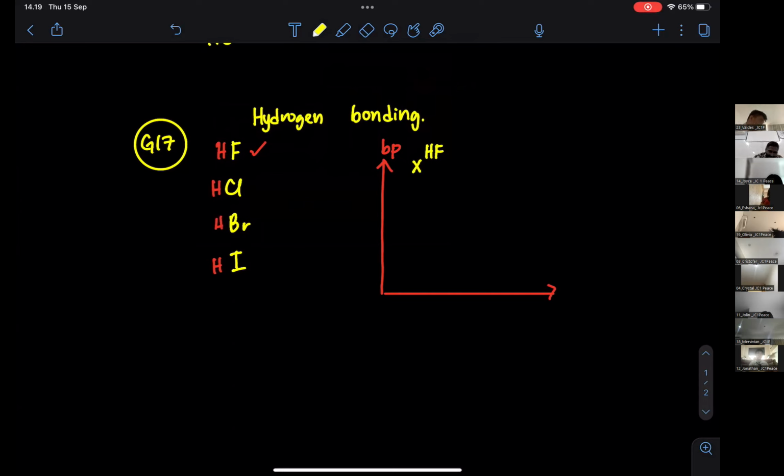But when you look at HCl, HBr, and HI, they are all polar molecules. How do I know whether they are polar or not? The previous lesson. Cl is more electronegative than hydrogen, Br is more electronegative, I is more electronegative. The arrangement of the electrons is not symmetrical, so they are polar molecules.